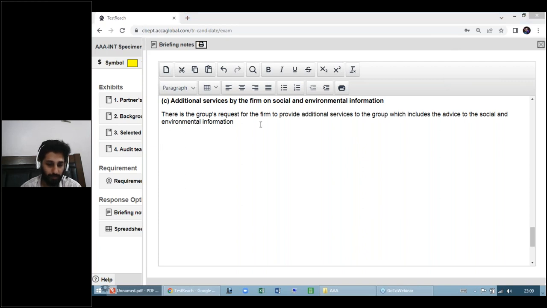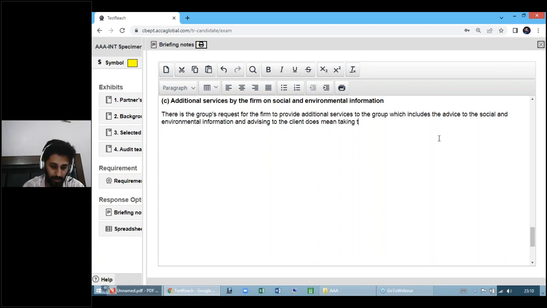So I am writing here, which is advice to the social and environmental information, and advising the client does mean taking the responsibility of the management, which is not allowed by the ACCA code of ethics.